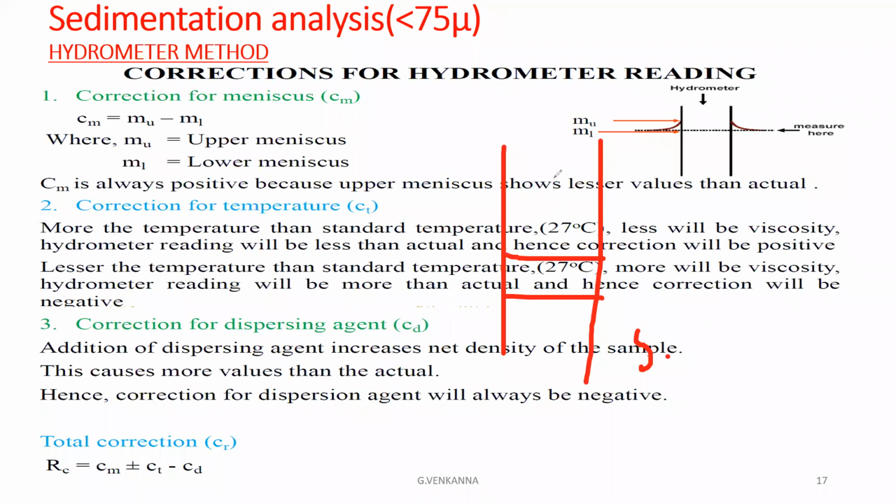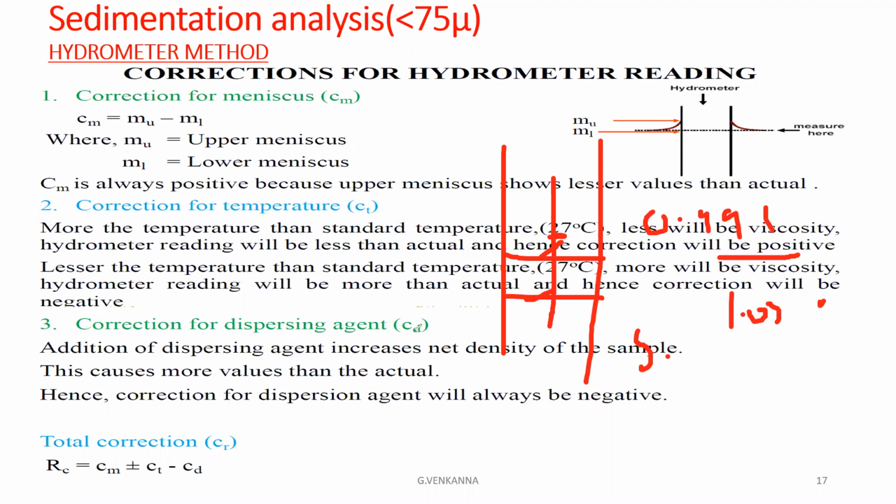So we get lesser values, because on the stem the top position has lesser values, 0.995 at the top, and 1.030 at the bottom. Due to the increase in temperature the hydrometer goes deeper, so we have to add the correction as positive.